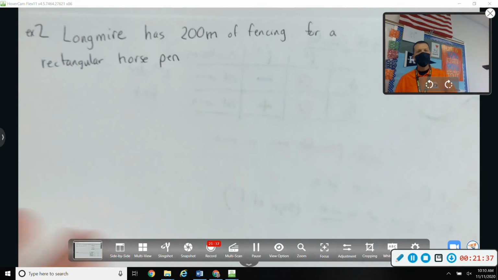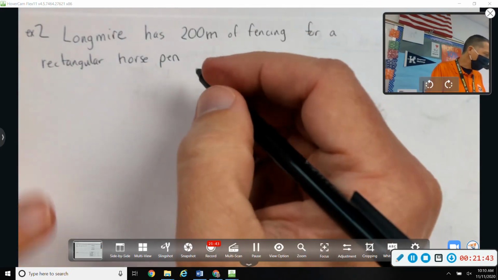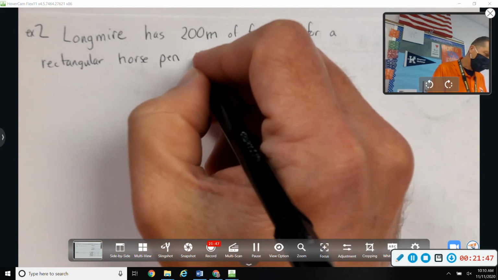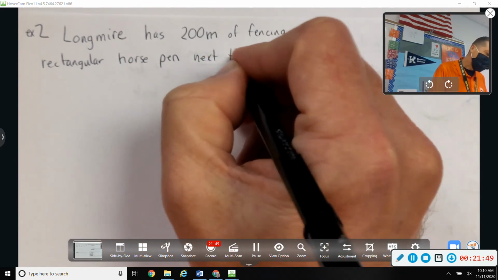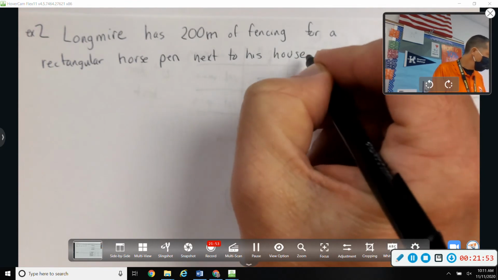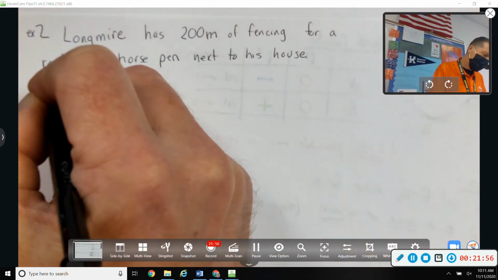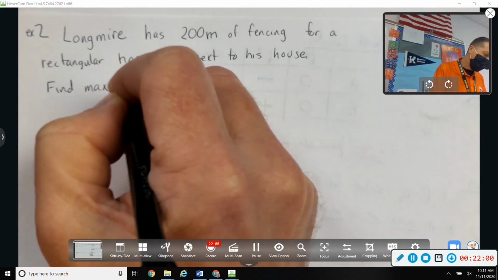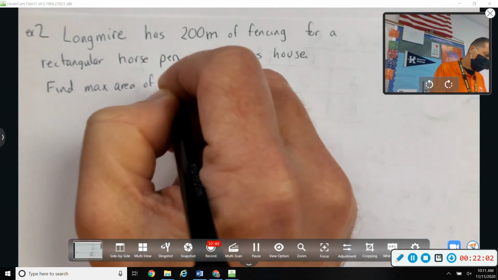Somehow he's arranged to get this 200 meters of fencing, and he wants to know, how do I best arrange this so I get a maximum area for his horses? A rectangular horse pen next to his house. And we want to find the maximum area of the pen.